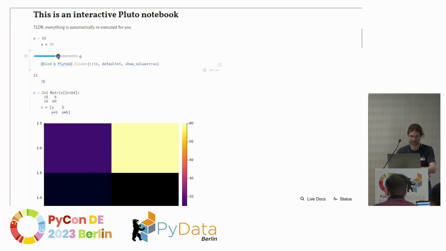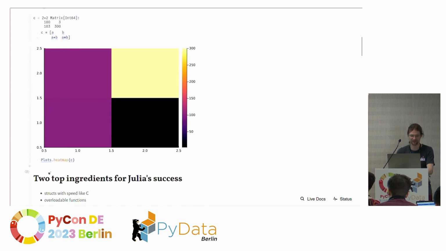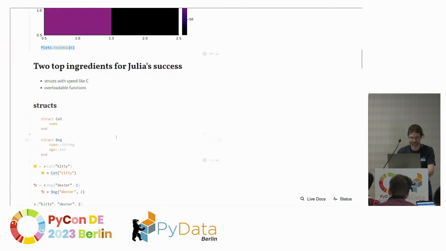More details at pluto.jl. We have another cell where we multiply it by 2, and a little matrix which we define. Everything changes if we change something. This is kind of the beauty: you more or less have just a code file, which is always re-executed for you. And this last part here is just a plots heatmap, so plotting is in here too.